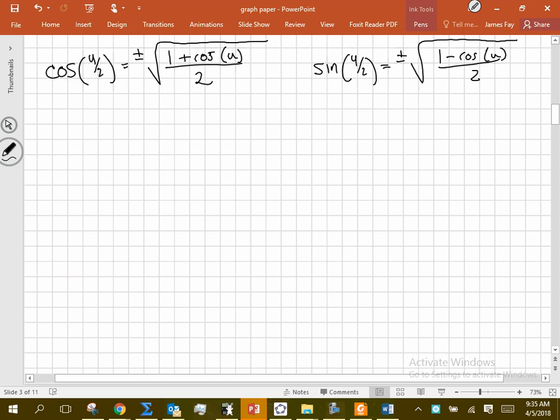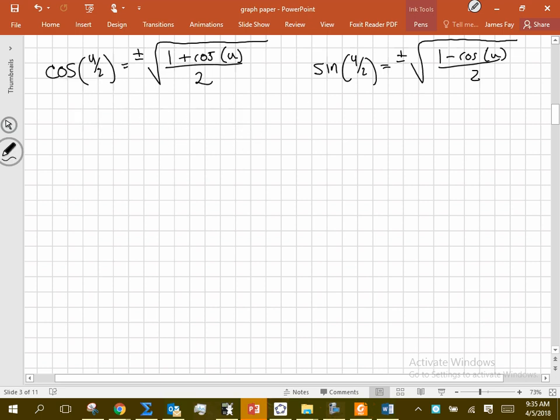But this one is created by taking cosine of 2 theta is equal to 2 cosine squared theta minus 1, that double angle formula, and solving that for that cosine, and it will generate this, okay? Because I add 1 to both sides right away, and there becomes your 1 plus cosine, okay?